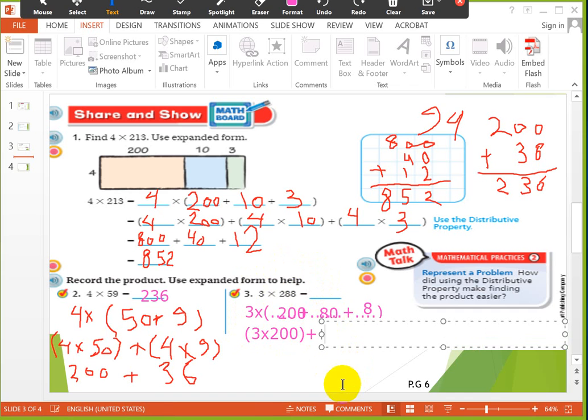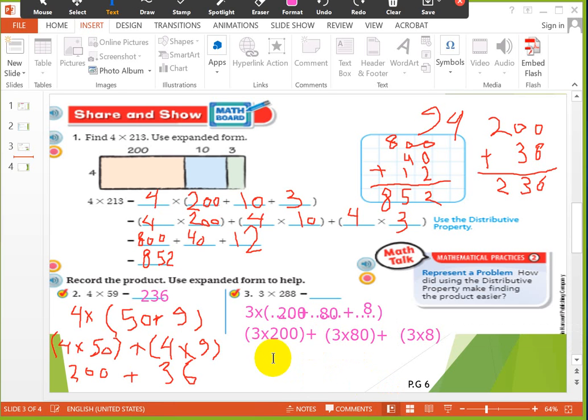So I will multiply 3 with 80 and put it between parentheses. Okay? Now I will multiply 3 with 8, the ones number, and put it between parentheses. Now I will find the answer for each multiplication.